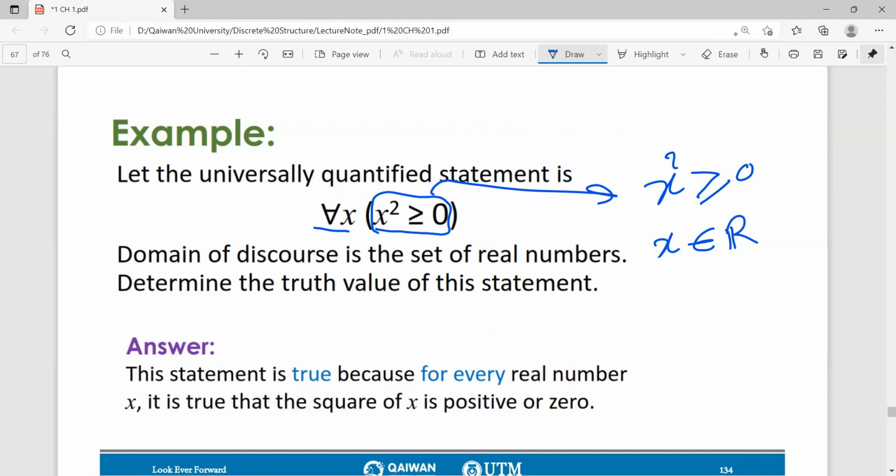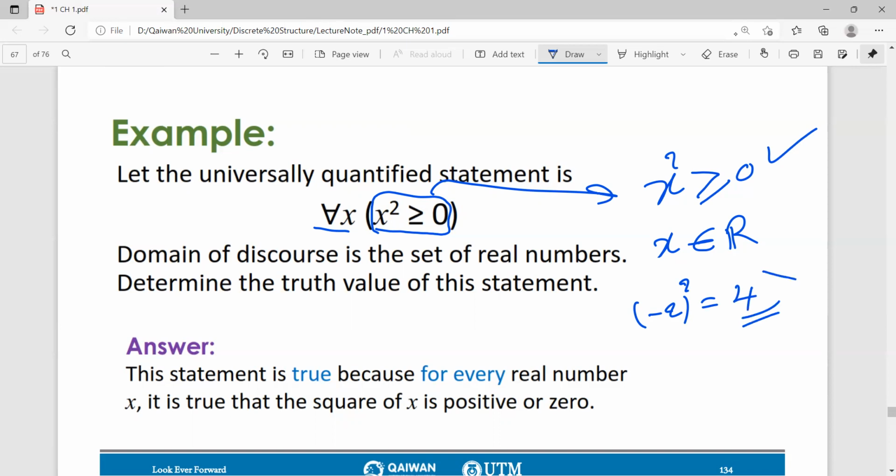Okay, so for all elements in the real numbers, x squared is greater than or equal to 0. So that's true for all elements in the real numbers. There is no real number such that if we square it, it's less than 0. Even if we take a negative value, let's say -2, -2 squared is 4.